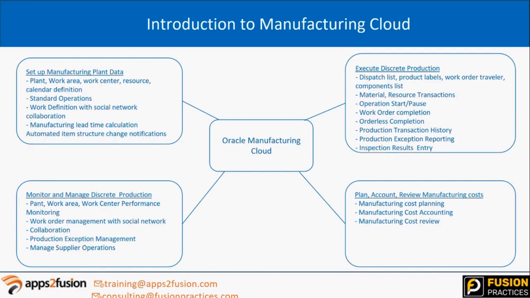I'm not sure I got your question, but what is typically done in implementations is that the legal entities, the legal structures, and the business units are all defined by the finance team. Once those are defined, we as the supply chain consultants go and define the inventory organizations. We mark those inventory organizations to be manufacturing plants.